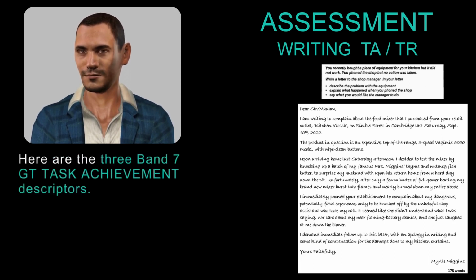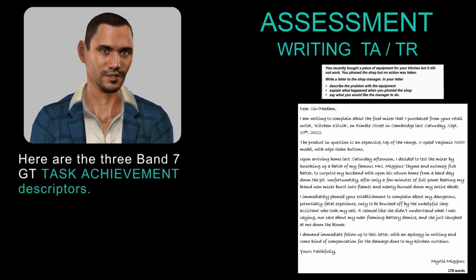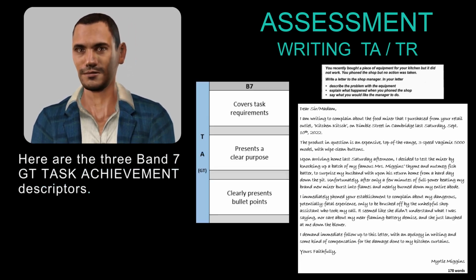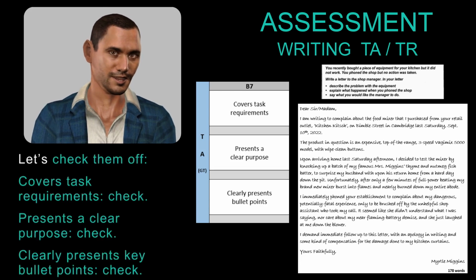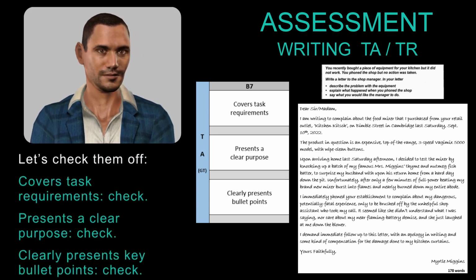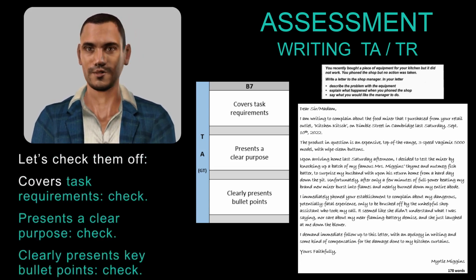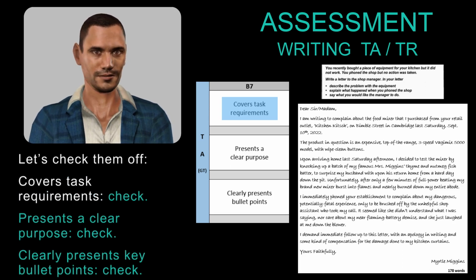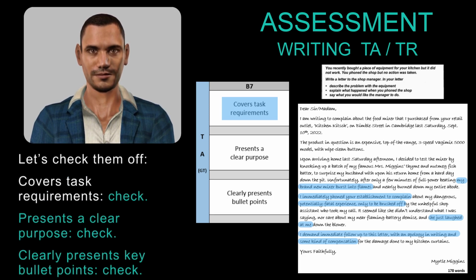Here are the 3 Band 7 GT task achievement descriptors. Let's check them off. Covers task requirements. Check.